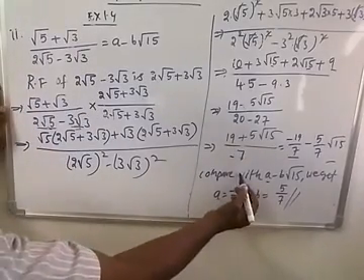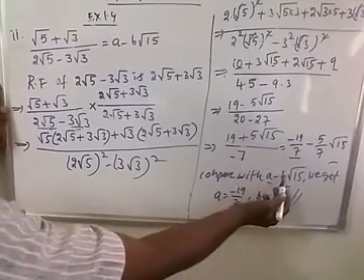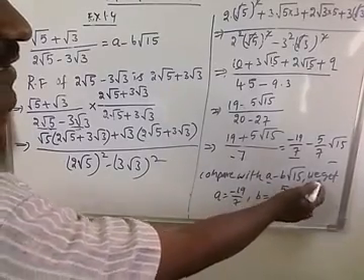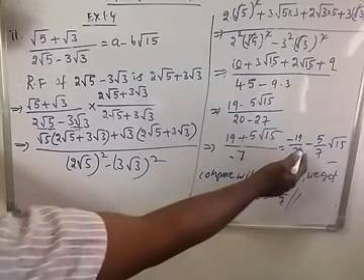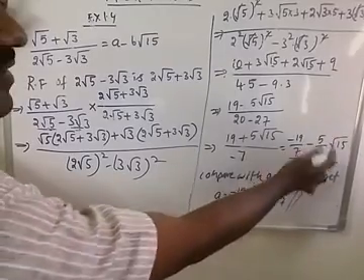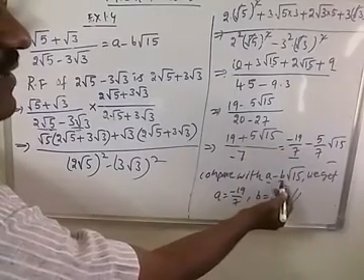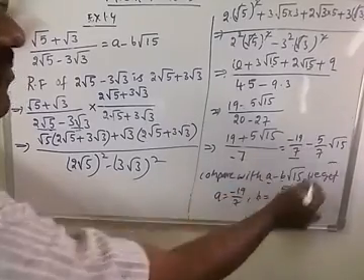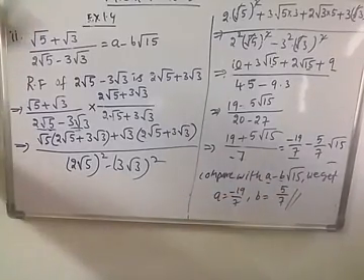If we compare with a − b√15, we get a is −19/7 and b is 5/7. Okay, tomorrow we will continue the class.